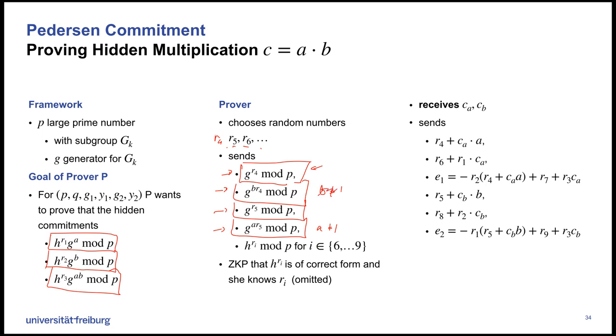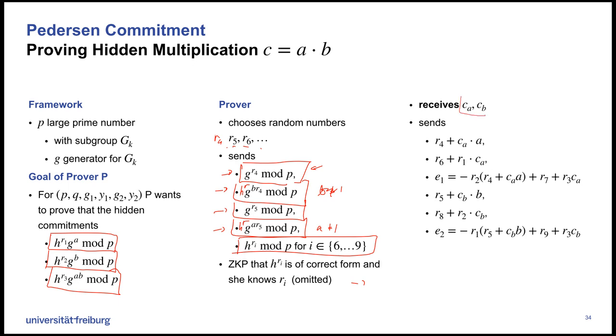So basically that means I have to send here h to the power of some new random number, because otherwise I would reveal some secrets. When I have to prove that I need some h to the ri's, and prove that this has this property. And this is done before.